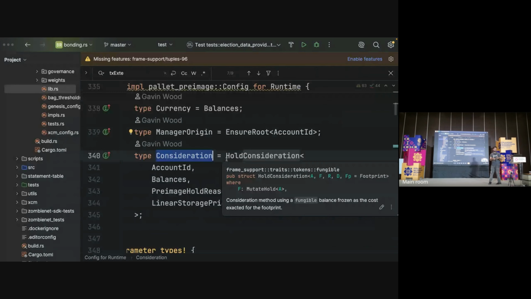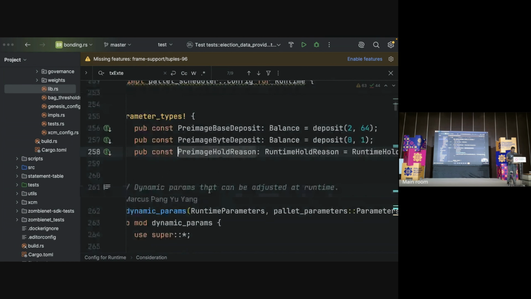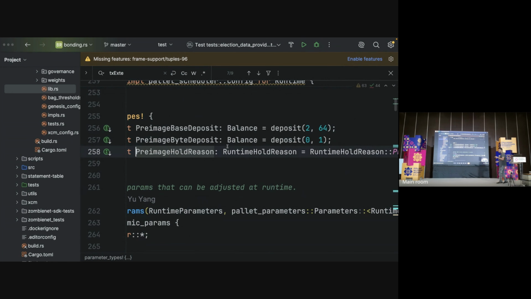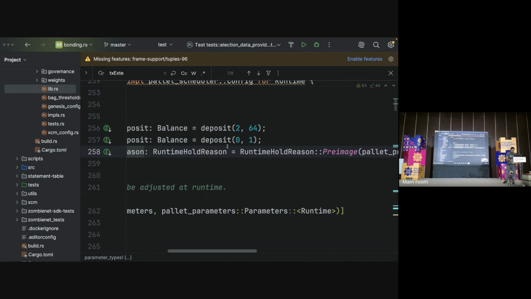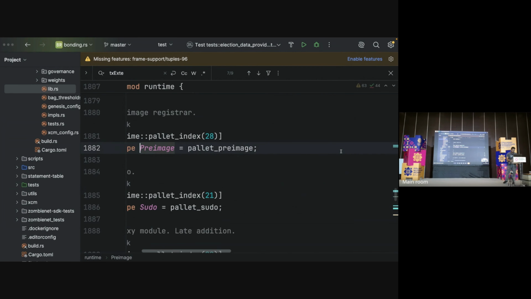It's on the runtime level that you say what kind of hold or freeze you want. Either you want hold or frozen. And even the hold reason, before we defined it on the palette level, but now we are defining it on the runtime level.